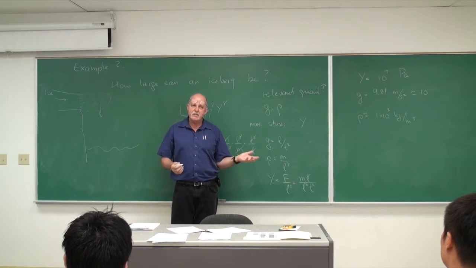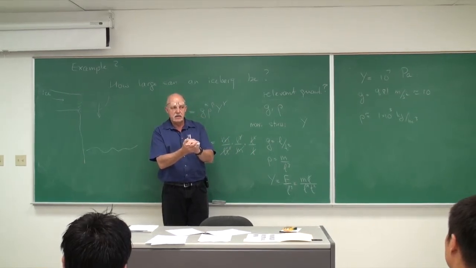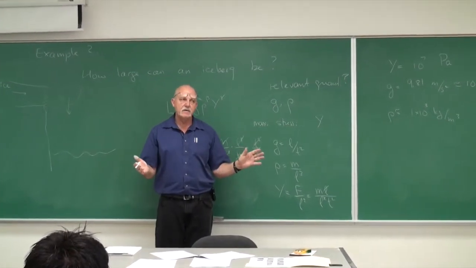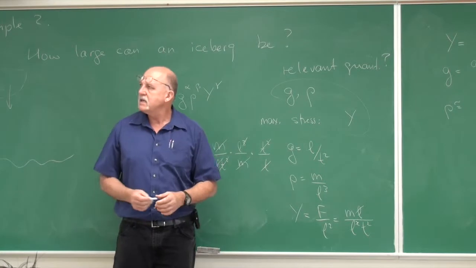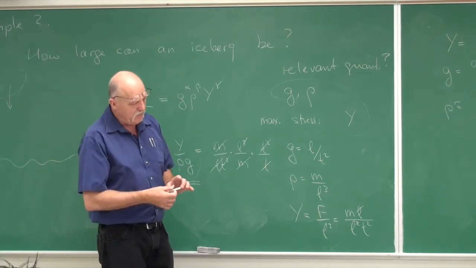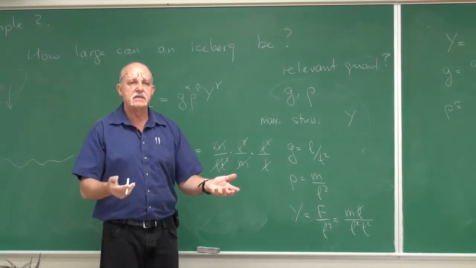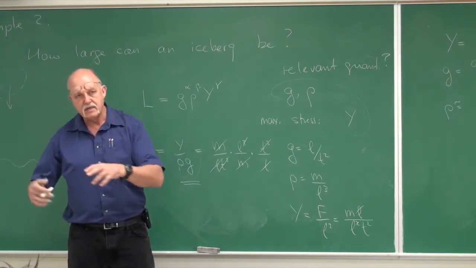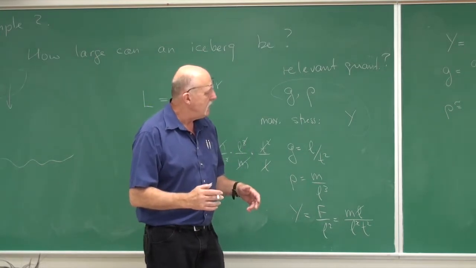Then you're kind of in trouble because you don't know where this dimensionless thing goes. This doesn't happen often, but it can happen, and you need to be aware of it.